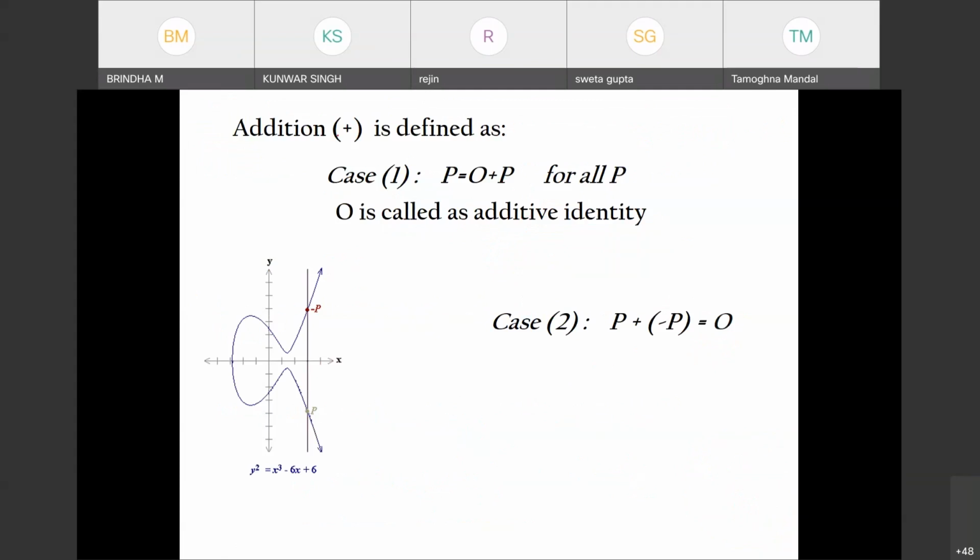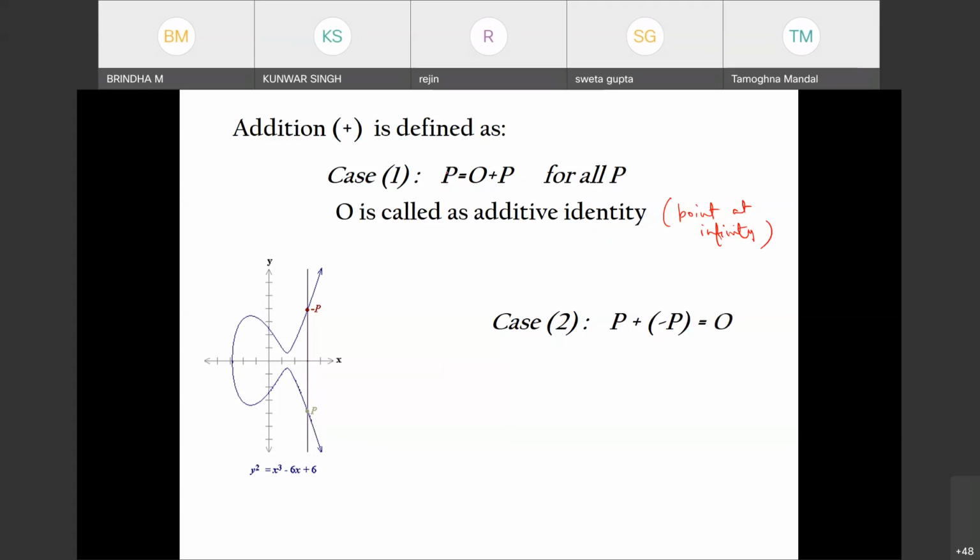This addition is defined so that if you add P with the point at infinity, you get P. That is the one.